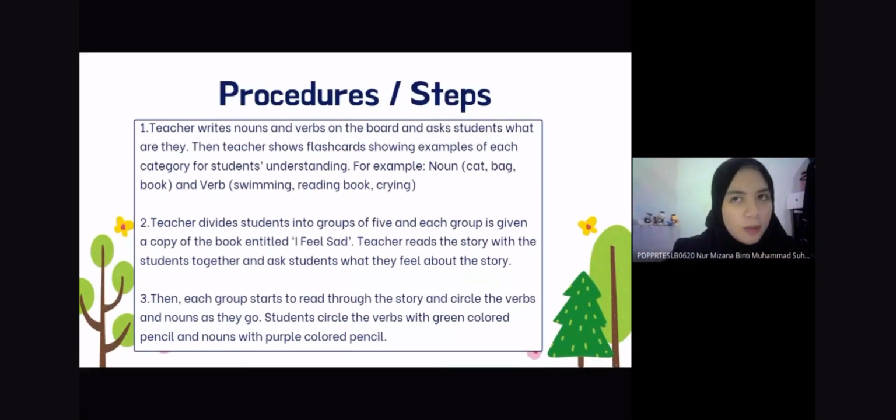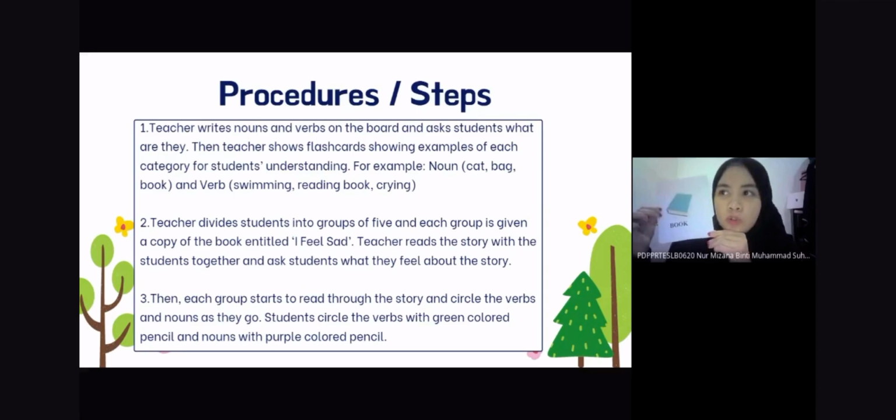So what are the examples of nouns I want to share with you today? These are the examples of nouns. The first one, cat. Cat is a noun. Why? Because it's an animal. Very good. The second one, we have book.